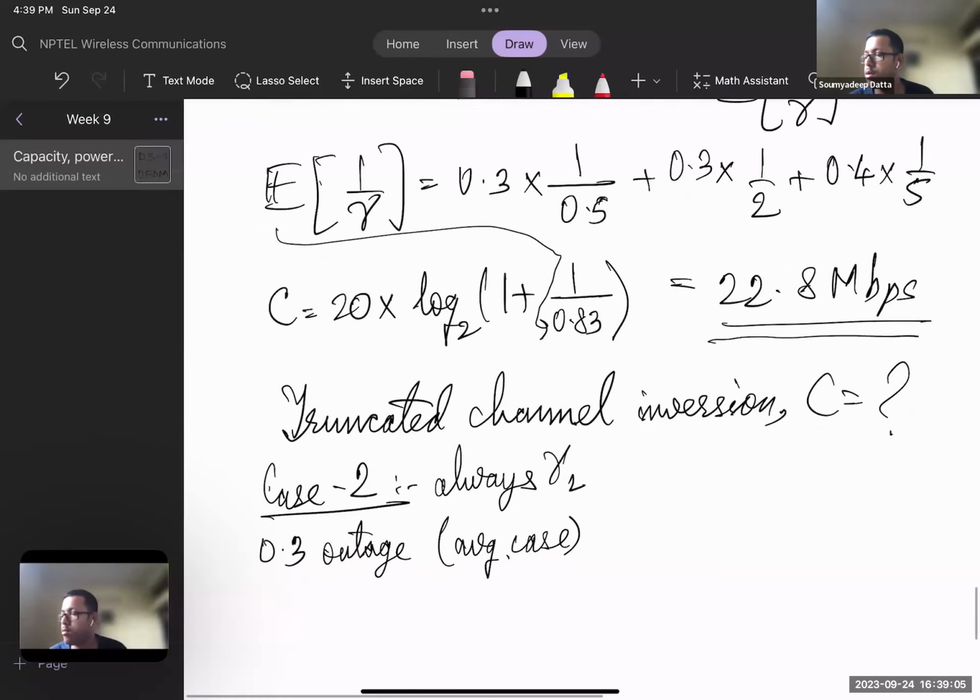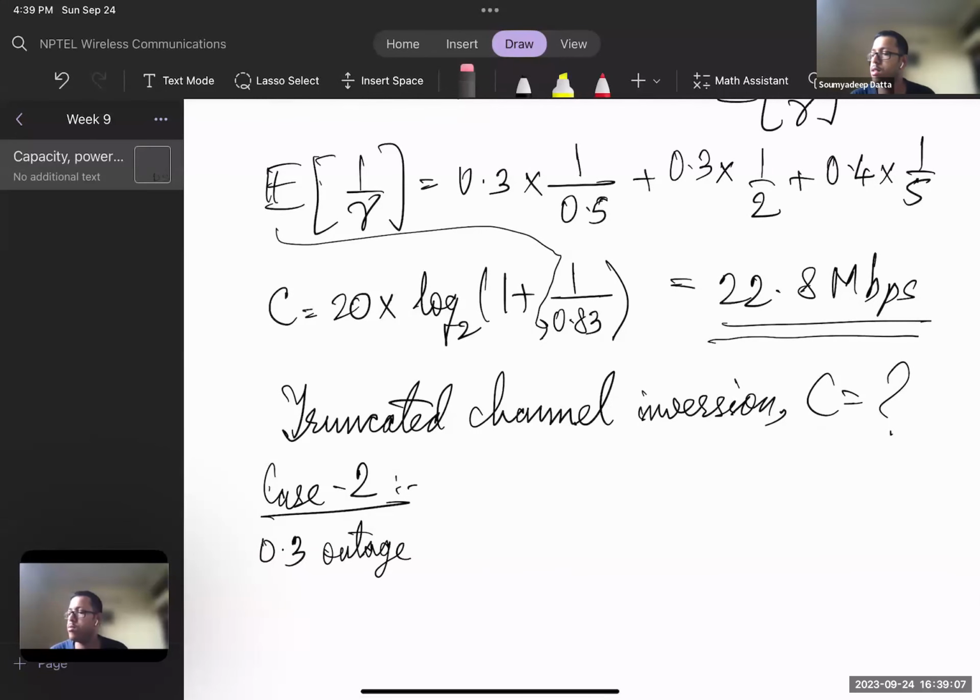Actually, we shouldn't write it this way. Case two is when there is 0.3 outage probability, so you are ignoring the first case. You will be ignoring your received signal when gamma is equal to gamma 1, the weakest channel, and you'll only consider the second and third cases. So in that case, what will be your truncated channel inversion capacity?